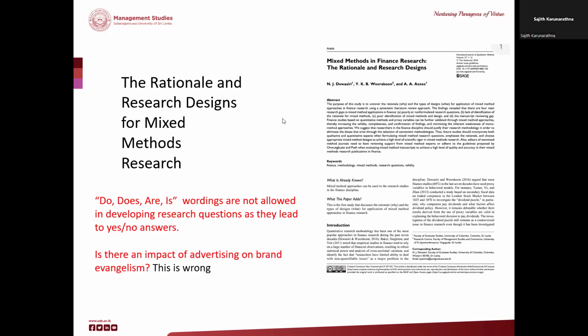Next, we will look at six types of research designs under mixed methodology, and what sort of questions we could have. The nature of the questions for mixed method designs: sequential explanatory design, sequential exploratory design, sequential transformative design, concurrent design, concurrent transformative design, and concurrent embedded design.